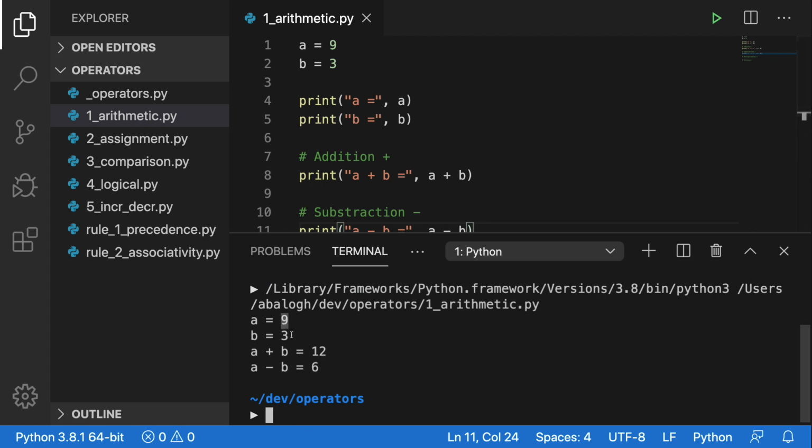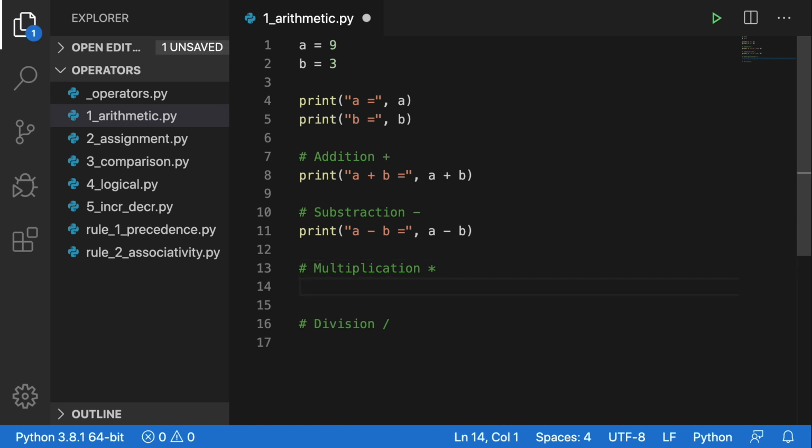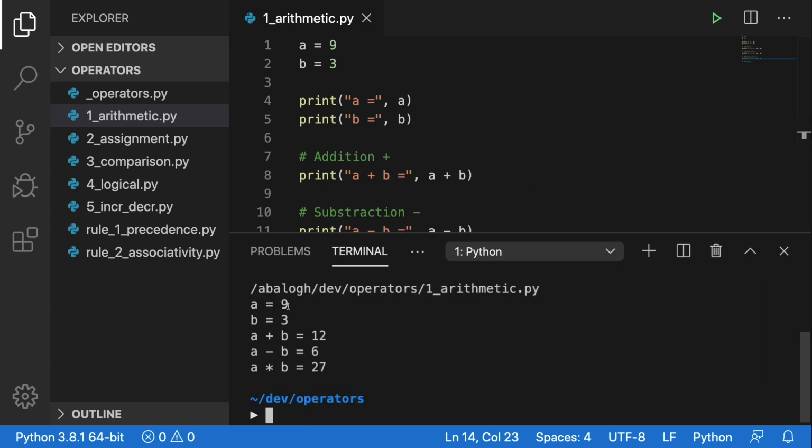So 9 minus 3 is 6. Multiplication operator. It multiplies the operands. 9 multiplied by 3 is 27.